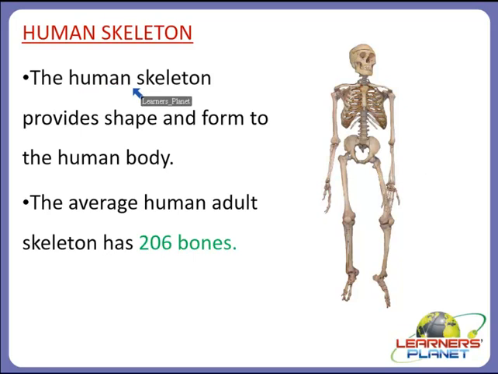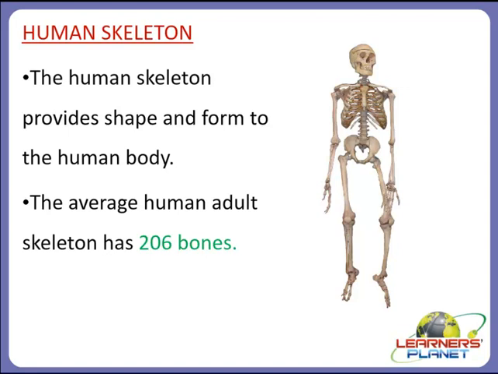Yes, the human skeleton provides shape and form to the human body, and we know very well that the average human adult skeleton has 206 bones, and it also performs various functions. The average human adult skeleton has 206 bones which are joined together by ligaments and tendons.